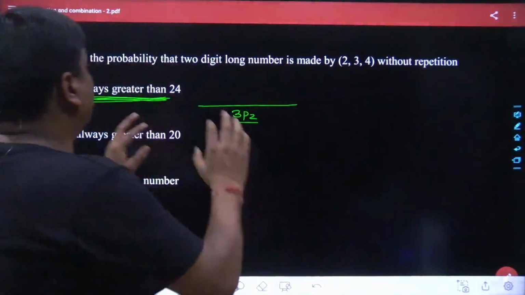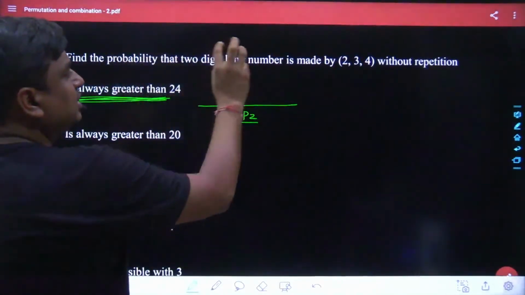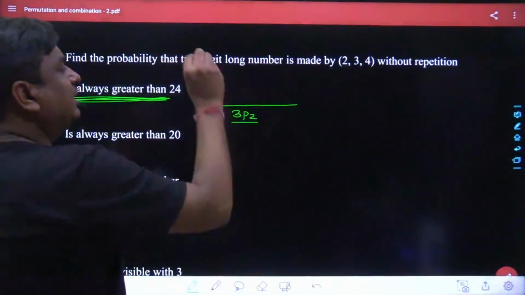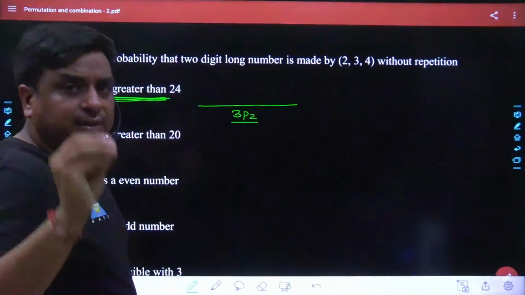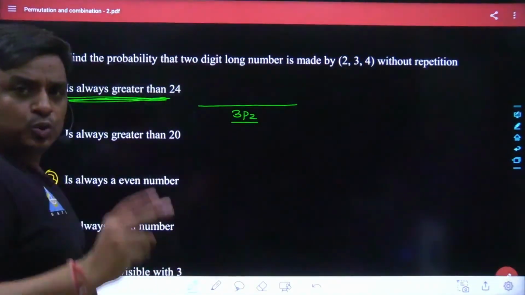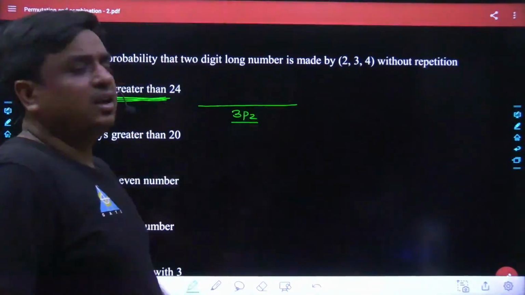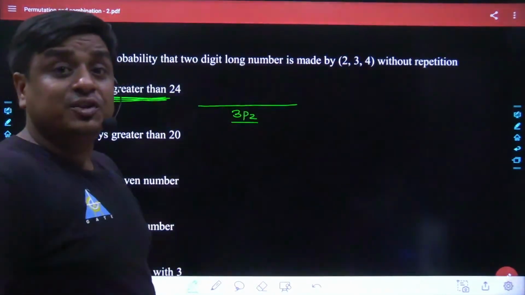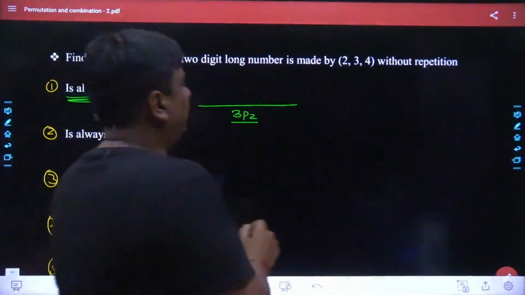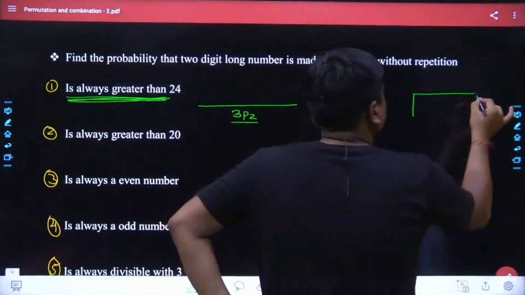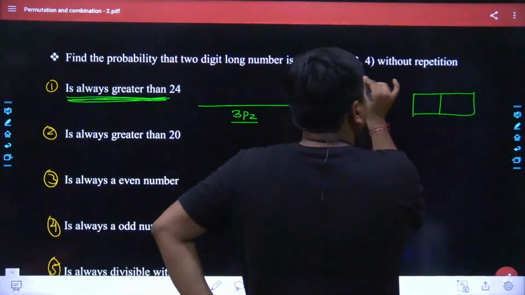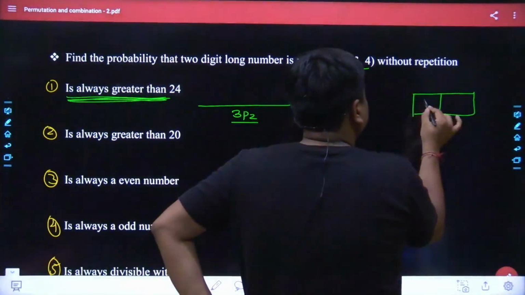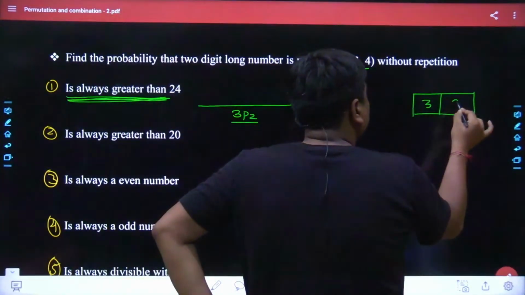See, now here we have a situation. 3 digits are offered to you, and with the help of them you have to make a 2-digit number. How many different ways could the 2-digit number be retrieved from these 3 digits without repetition? This is a 2-block number. In the first block, there are 3 possibilities, and in the second block, 2 possibilities.